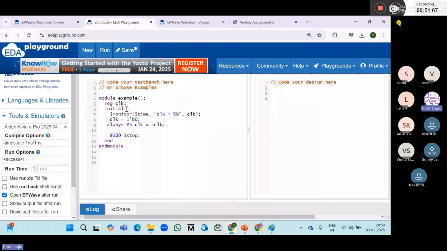So that's why you're getting the error. So this $stop also we need to write within the initial block.